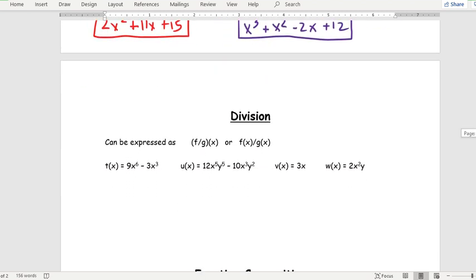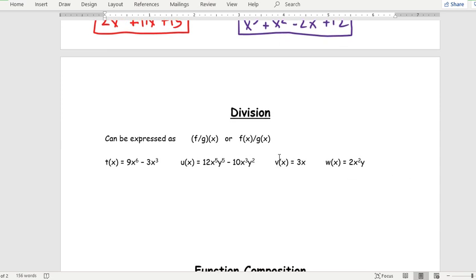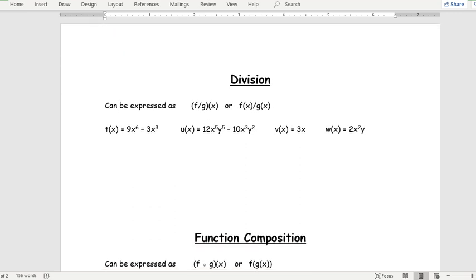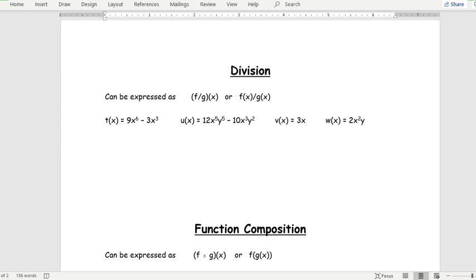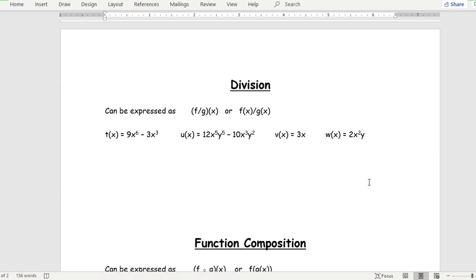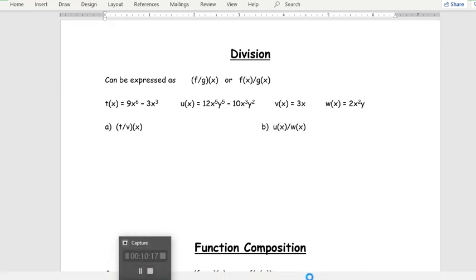All right, let's look at division. That can be expressed as f divided by g of x or f of x divided by g of x. So this time we use the functions t, u, v, and w. I didn't write the function, so let me stop the video and write that.